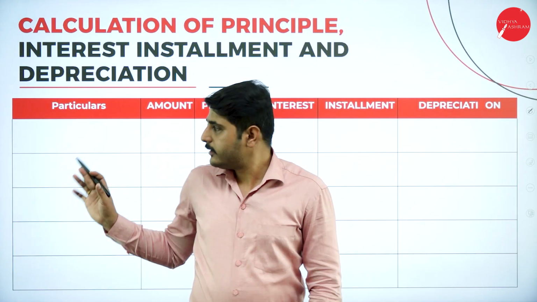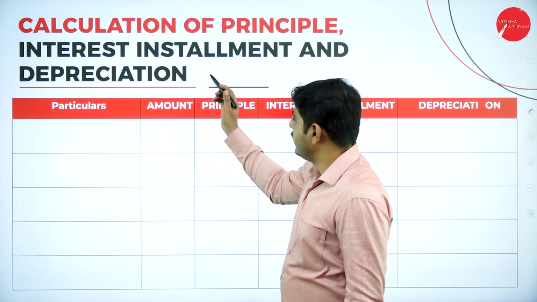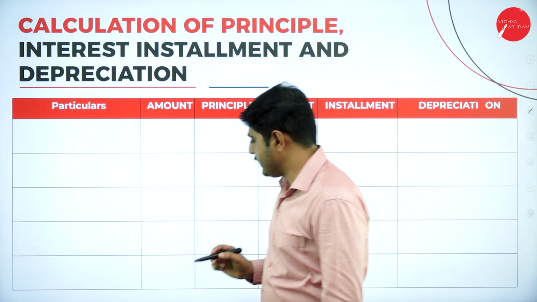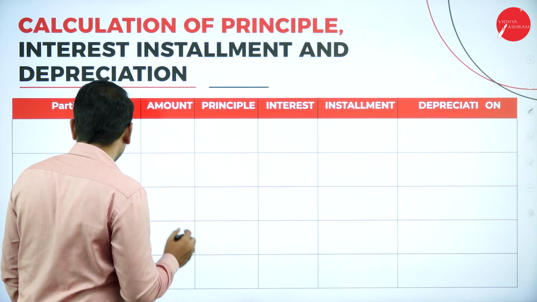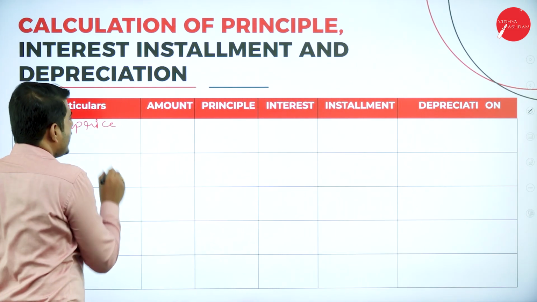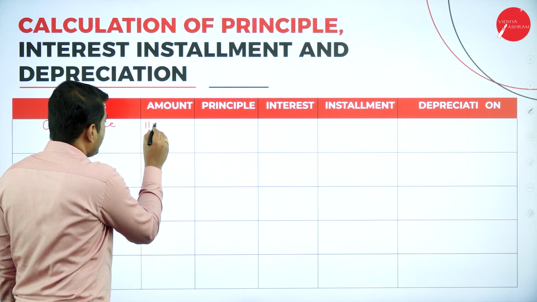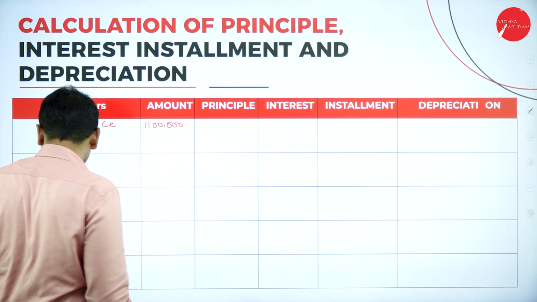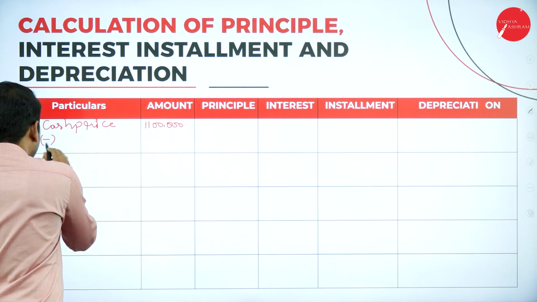Now this is the table to calculate interest, principal, installment and depreciation. Let's see. What is the cash price of the asset? The cash price is 11 lakh, minus down payment.